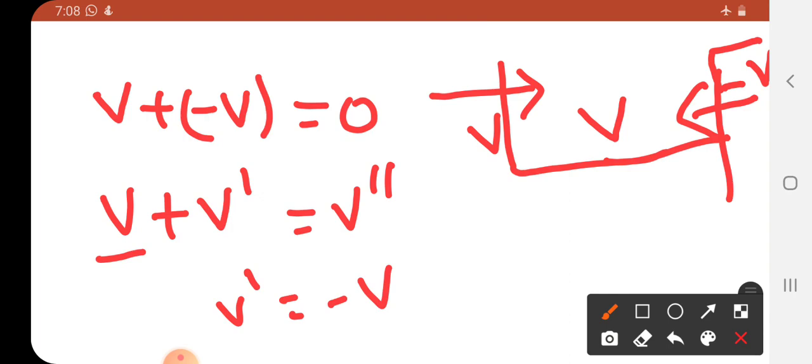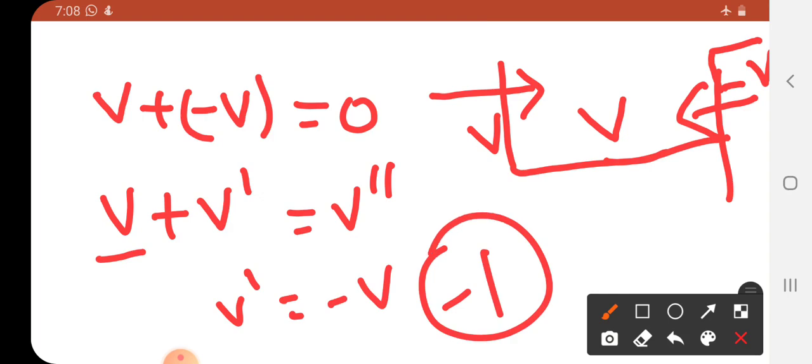So the reflected voltage wave coefficient of a short circuit line is minus 1.